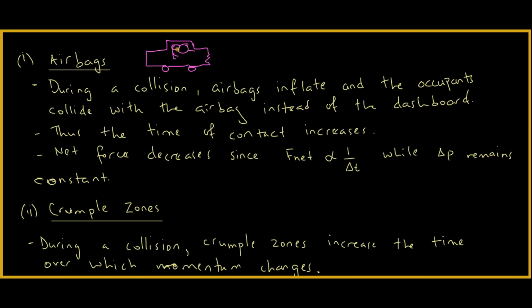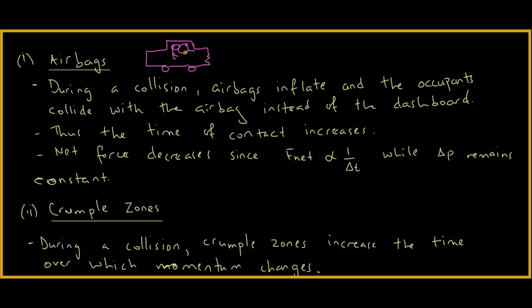Since you will collide with the airbag instead of the dashboard, your momentum will change over a longer period of time. It will take time for you to come to a stop. So the greater the time taken here, the less the net force that is going to act on the occupants of the car. So there'll be fewer injuries experienced by this person.